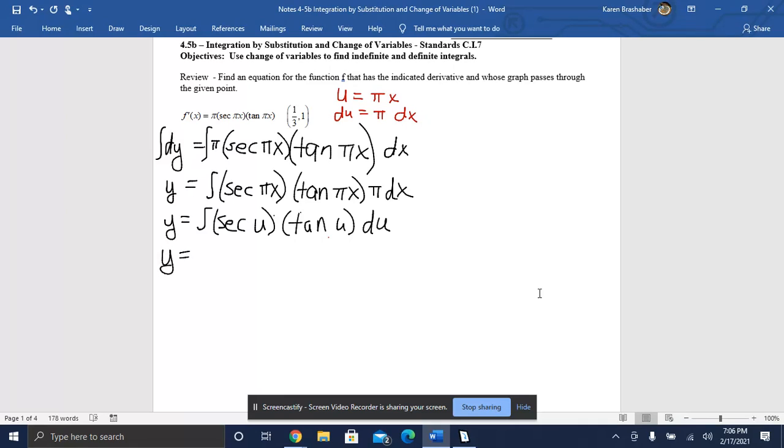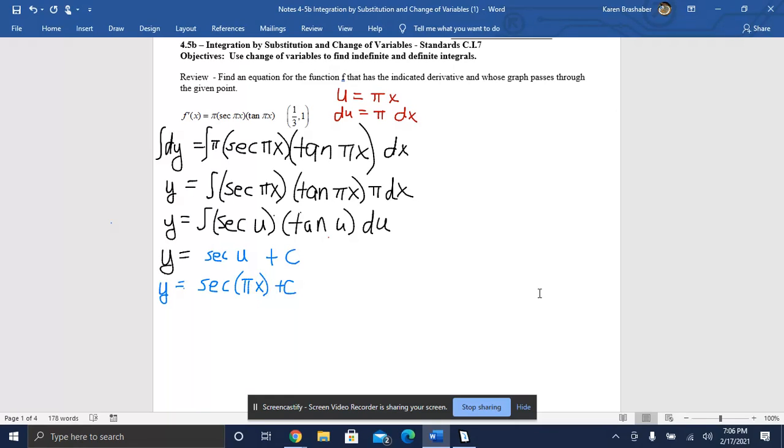So to integrate secant of u, tangent of u, you might want to think backwards what would have that as its derivative, and that would be the secant of u. So we'll have the secant of u plus c, and then we can resubstitute. So y would equal the secant, and then replace the u with pi x plus c.